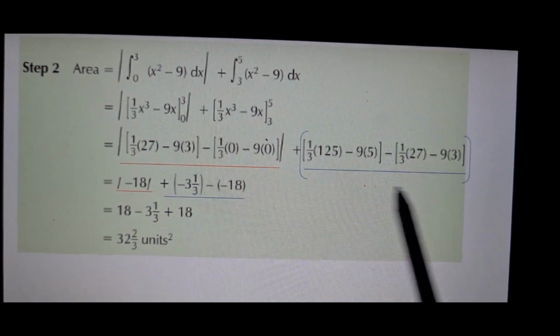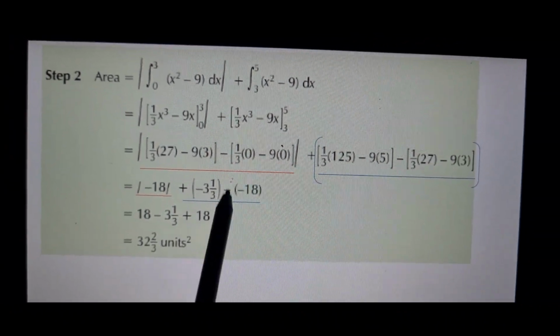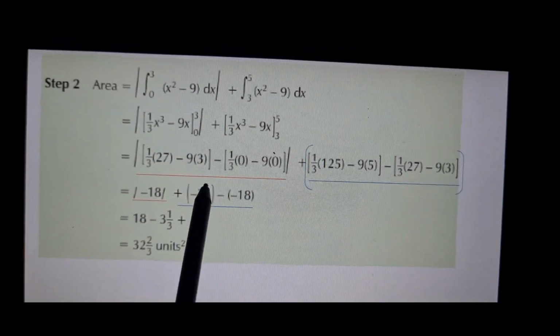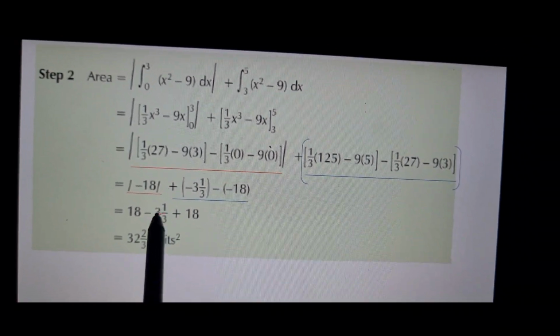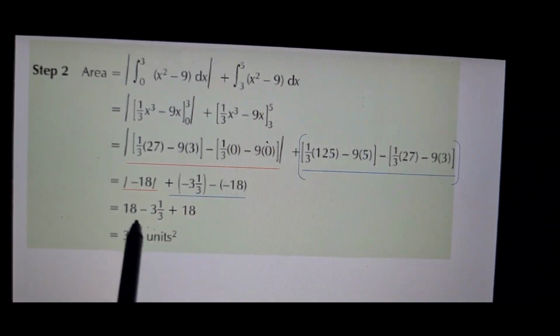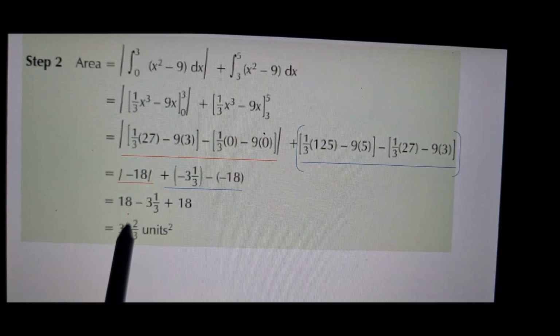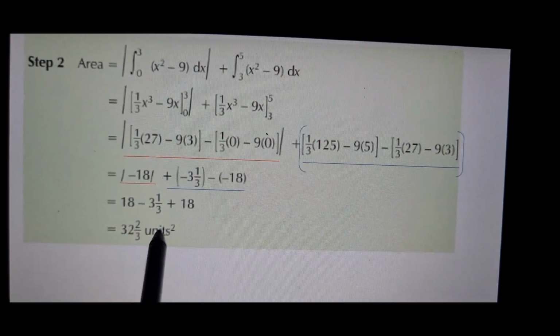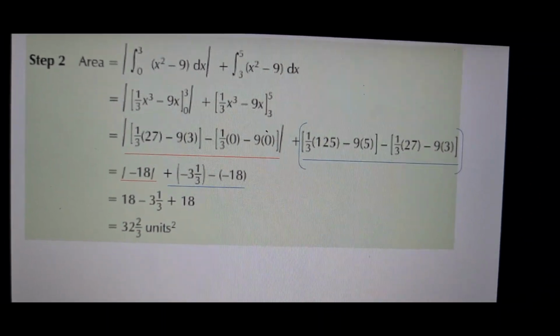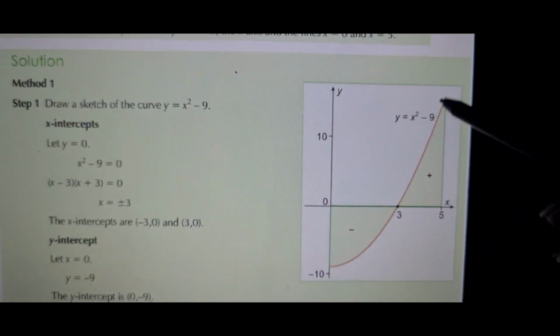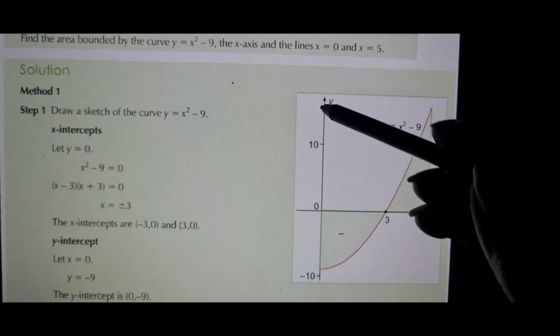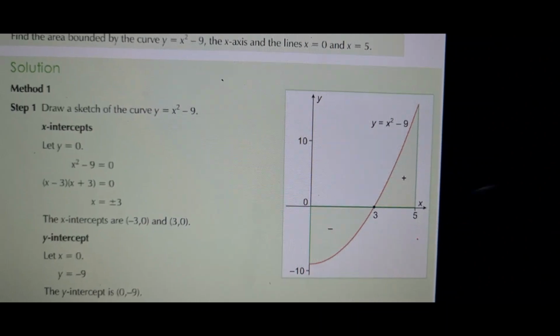And all of that big bracket works out to be, eventually, you'll have minus a third minus minus 18, which would be plus 18. So minus 3 and 1/3 plus 18. And then remember you had your positive 18 at the start, which gives you 32 and 2/3 units squared for area. So that would now be the area bounded between that curve and the lines x equals 0 and x equals 5.